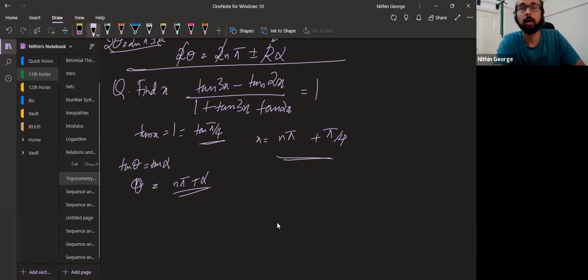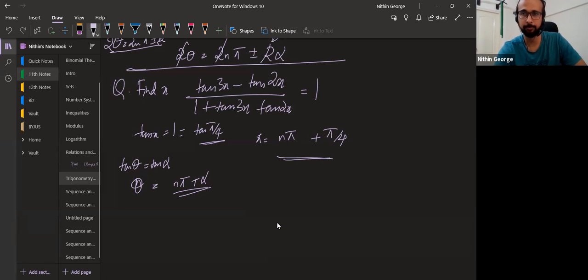Now, your option A will be n pi plus pi by 4. Option B will be n pi minus pi by 4. Option C will be some other solution, (minus 1) raised to n pi by 4. Then the fourth option will be no solution.